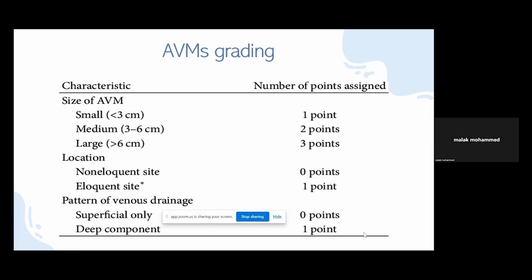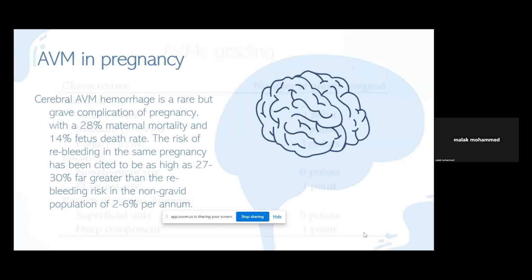And there is also a grade 6, which is the most serious one. It's beyond this grading, where if the patient goes into surgery, the mortality rate exceeds 90%. AVM in pregnancy: cerebral AVM hemorrhage is rare, but it's a very important and serious complication in pregnancy, with 28% maternal mortality and 14% fetal death rate.